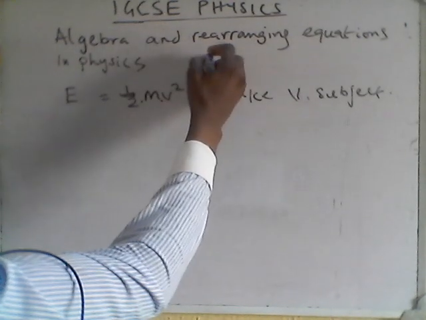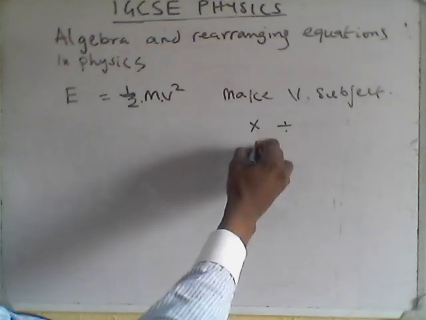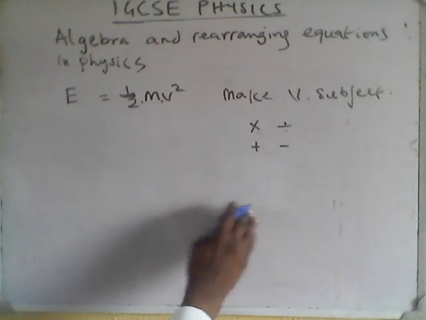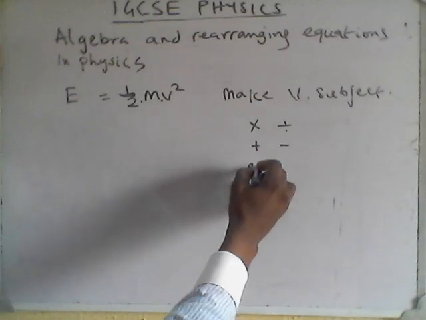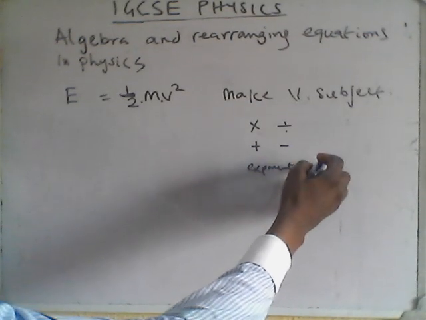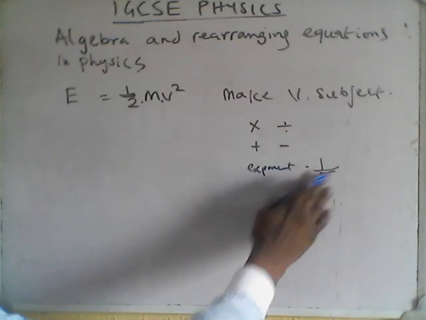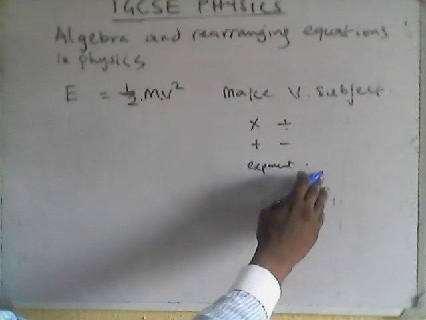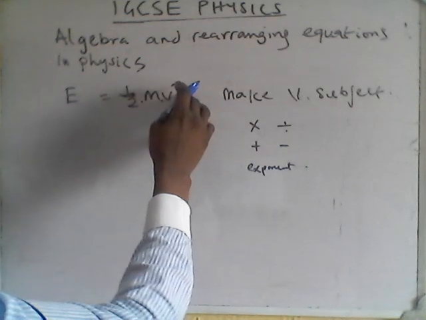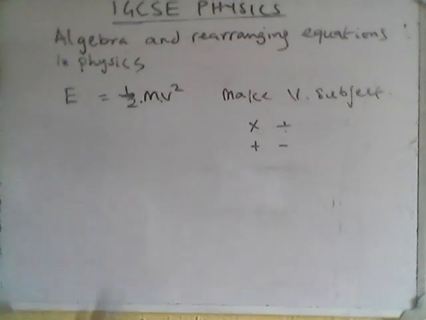So the inverse of multiplication is division, of addition is subtraction. Exponents, if I have exponents, I will look for the roots of that exponent. I will come to that one. Let me just leave this one first. I'll tell you what that one is.